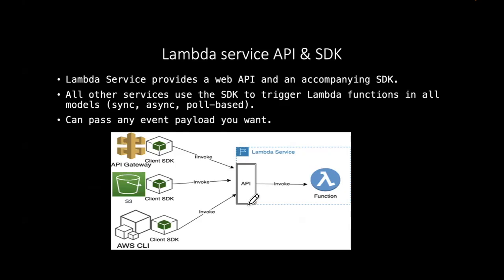Okay, and you would have used Boto 3, which is the Python one, last year. And so we could write code and run that code from our desktop, and by using the Lambda SDK, we could communicate with the Lambda service.